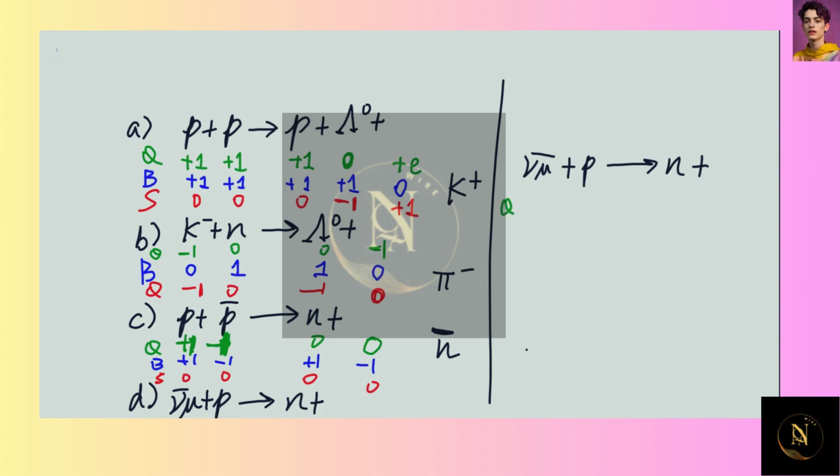And the charge, this is plus e, 0, 0, so it has to be plus e. The baryon number, 0, 1, 1, the baryon number has to be 0. Finally, the strangeness is 0 for all. So we have positive charge, but 0 strangeness and 0 baryon number. Again, we look up the table, and this particle is charged muon.